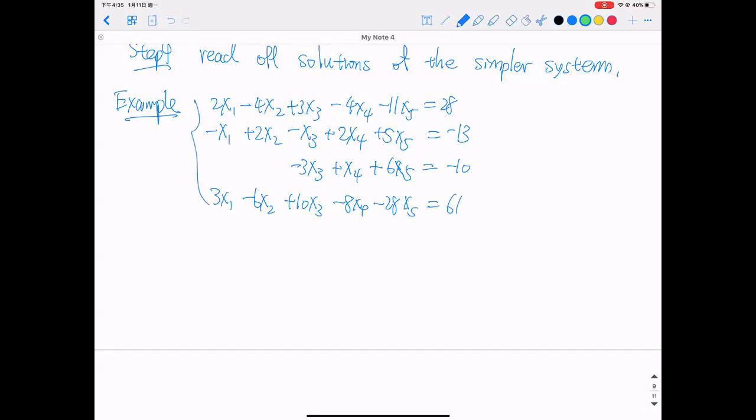Okay, 4 equations, 5 variables. So that's a 4 by 5 system.